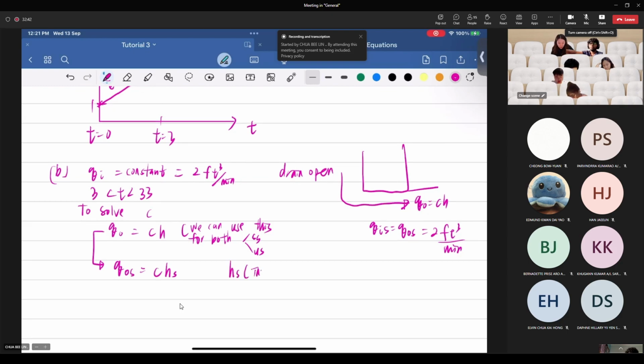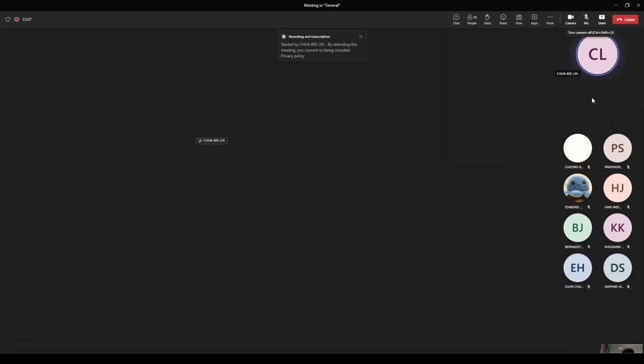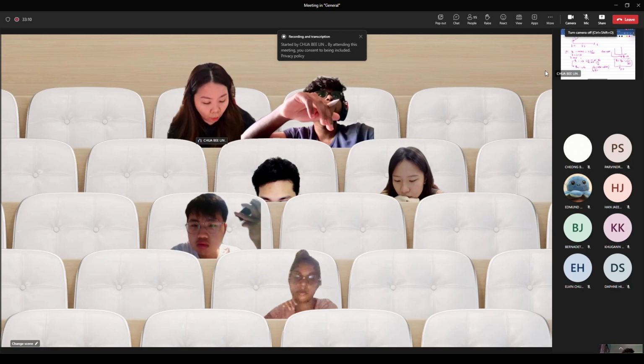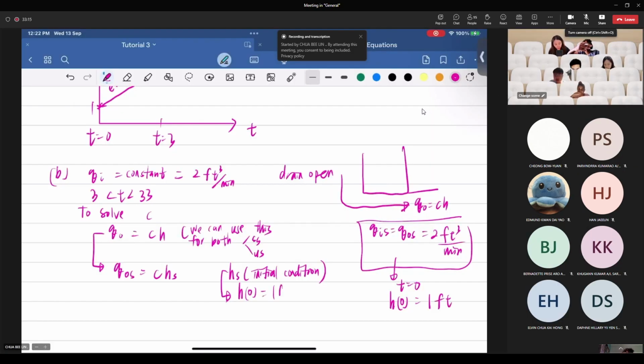HS is the initial condition, which is given when t equals to 0, according to the question. At time equals to 0, the Qi and the Q0 are the same value, 2 cubic feet per minute, corresponding to H0 equivalent to 1 foot, given in the question.